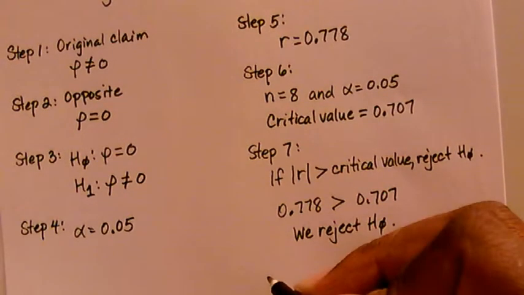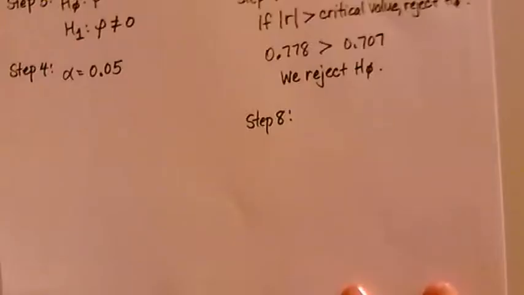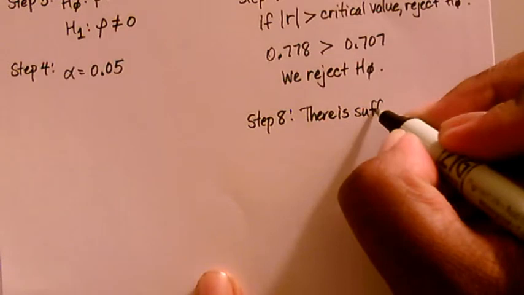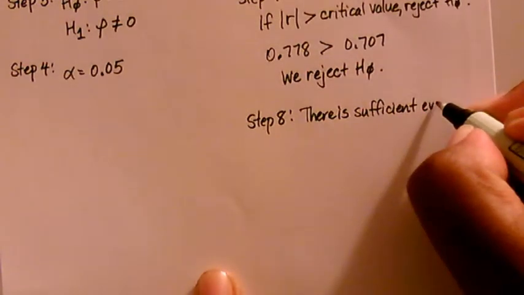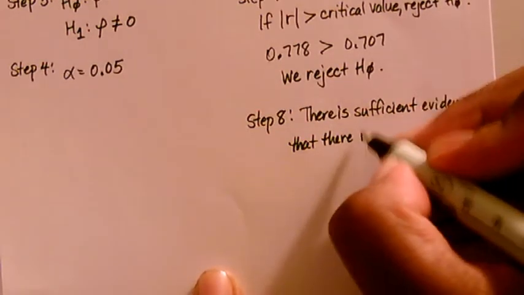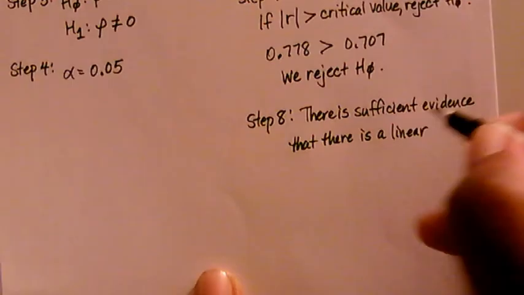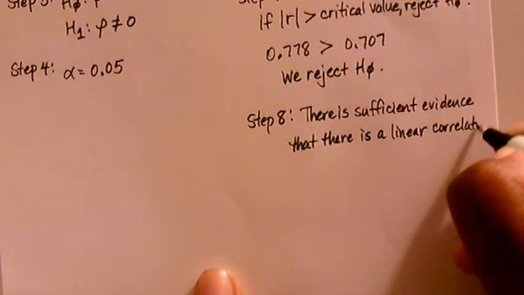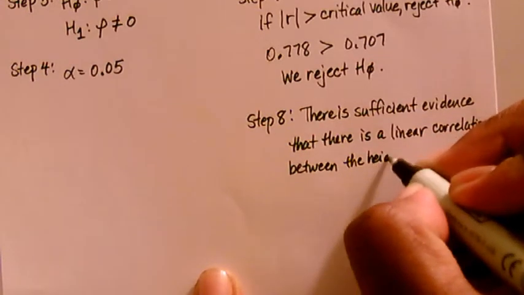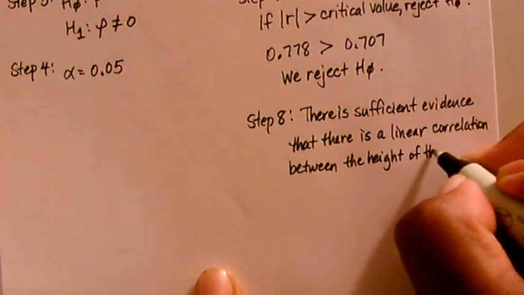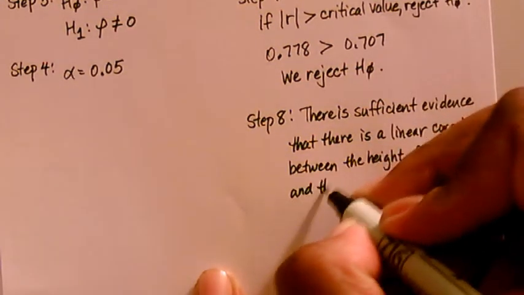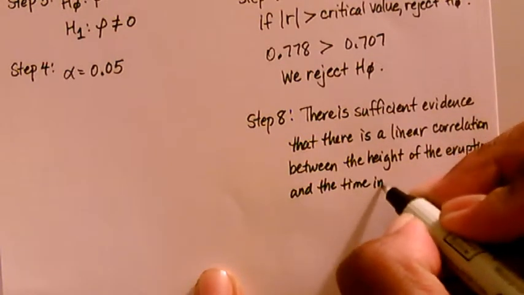And step number 8 is our conclusion. So we say here that there is sufficient evidence that there is a linear correlation between the height of the eruption and the time interval after.